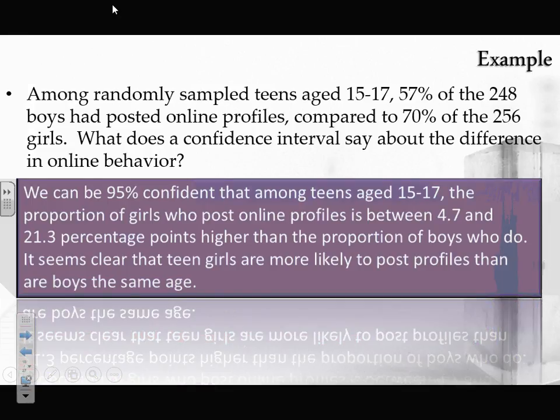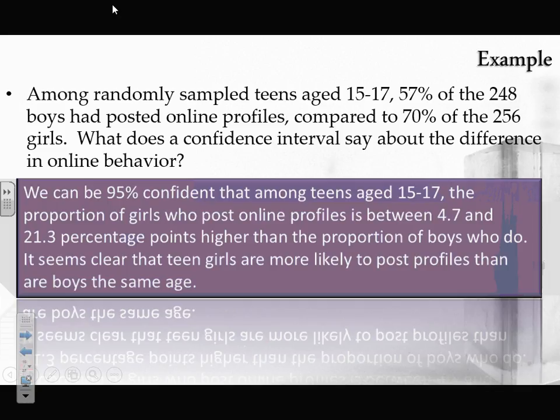We're 95% confident that among teens age 15 to 17, so make sure we stipulate what our population of interest was. So we're 95% confident that among teens age 15 to 17, the proportion of girls who post online profiles is between 4.7 and 21.3 percentage points higher than the proportion of boys who do.